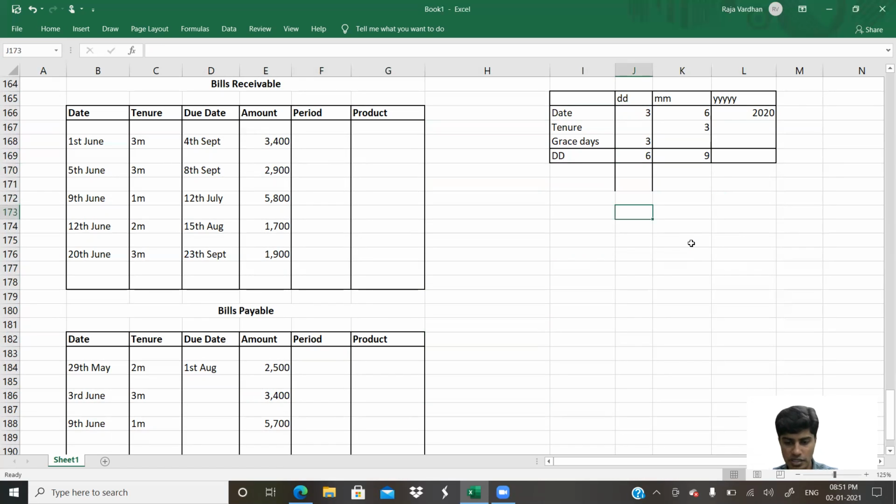So 6th of September. Next, what do you have? 9th of June, 1 month. I'll add 1 month. So 6 plus 1 becomes the 7th month. 9 plus 3 becomes 12 days. So 12th of July is the due date.